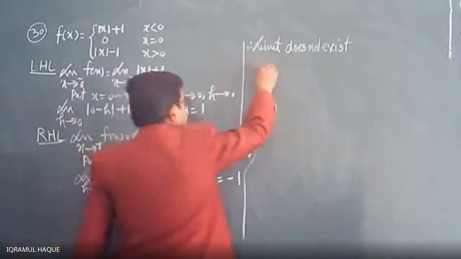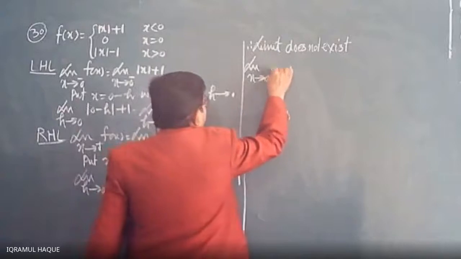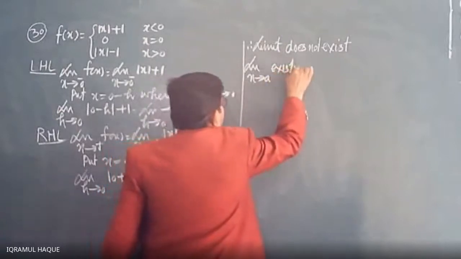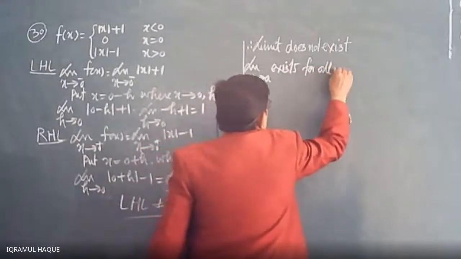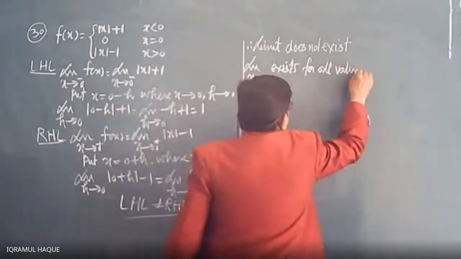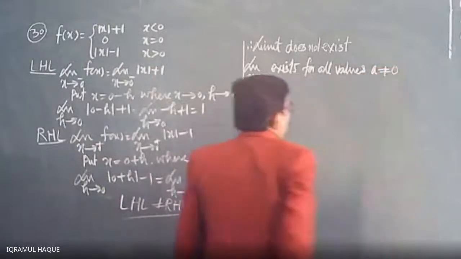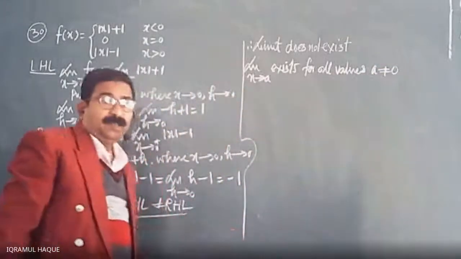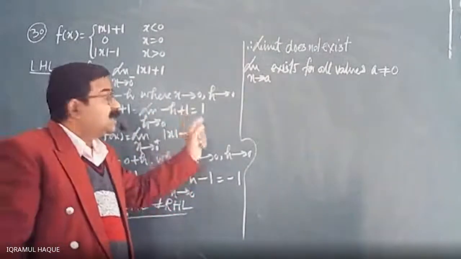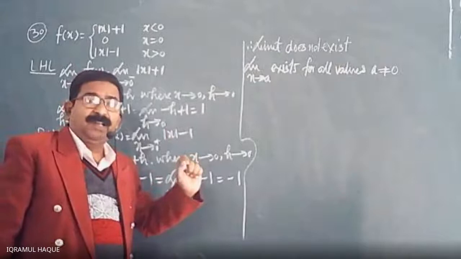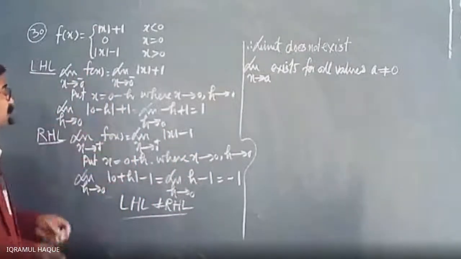So the limit as x tends to a exists for all values a not equal to 0. On those values this limit will exist. So this is the solution of this question.